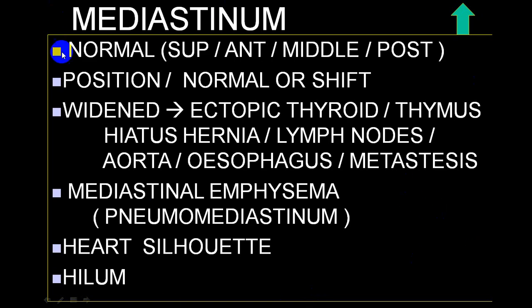Now what do you look for in a mediastinum? In the mediastinum, you look at the position of the trachea and whether it is normal or whether there is a shift. This we have already discussed in a separate lecture on the trachea. That shift may be because of a push or a pull.